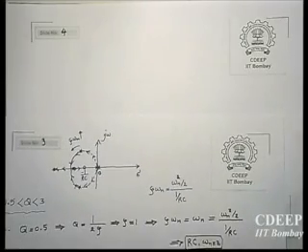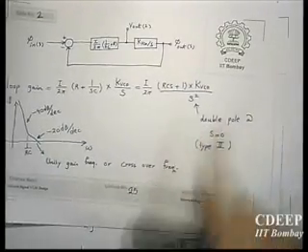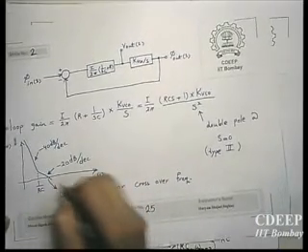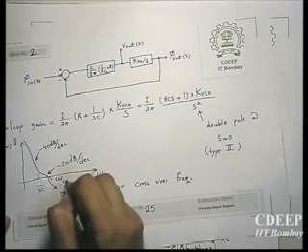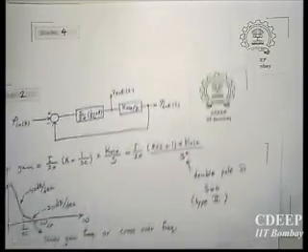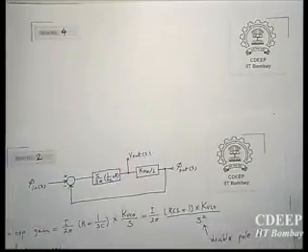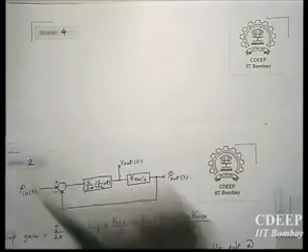This was the loop gain, right? What I will do is replace s by the crossover frequency. I will call this frequency omega CR, so CR is crossover frequency. And then I make the magnitude equal to 1, and you will get an idea exactly how it comes.